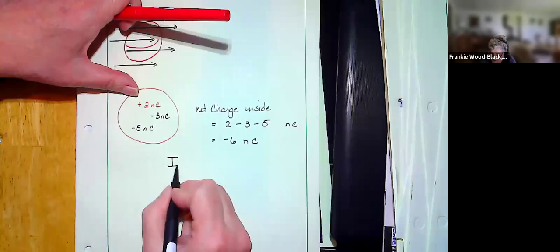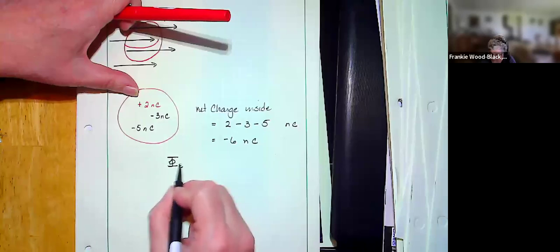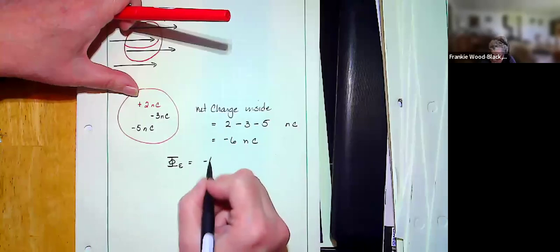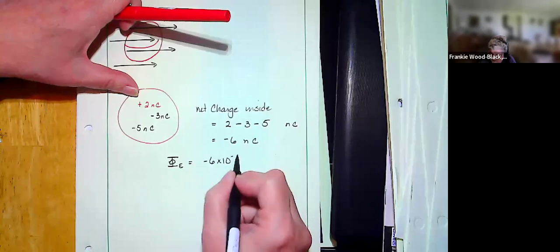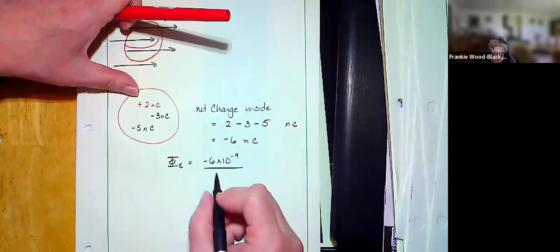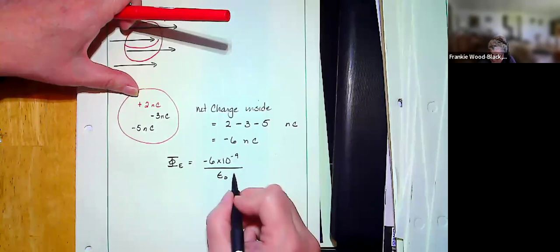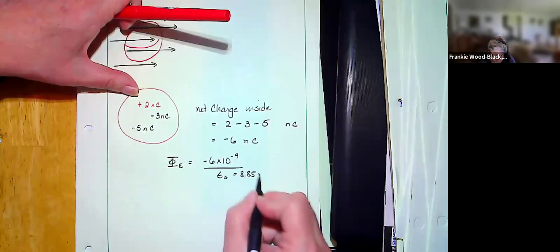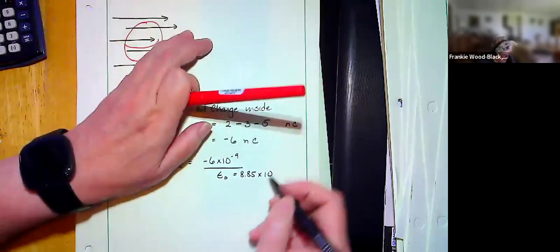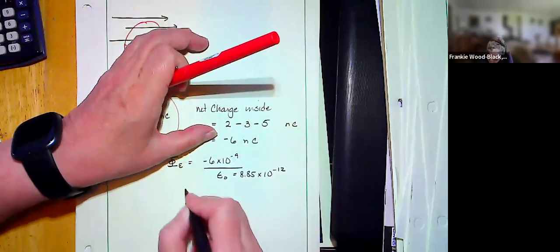My flux is going to equal minus 6 times 10 to the minus 9 divided by my permittivity of free space, which we said is 8.85 times 10 to the minus 12.